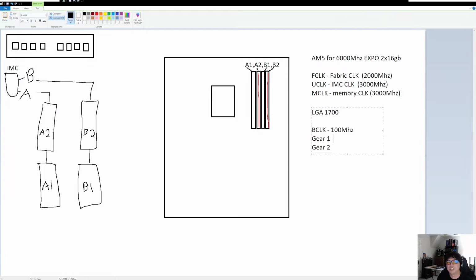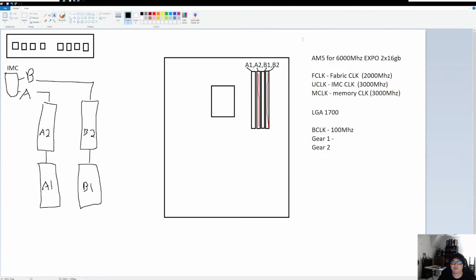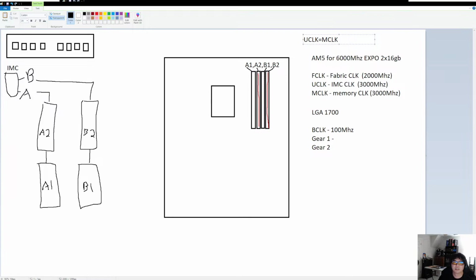Now, Gear 1 and Gear 2. Gear 1 is basically the 1-to-1 ratio. Like with AMD, when we said a 1-to-1 ratio, I guess I should put the formula up here. U clock equals MEM clock. This is a 1-to-1 ratio, right?